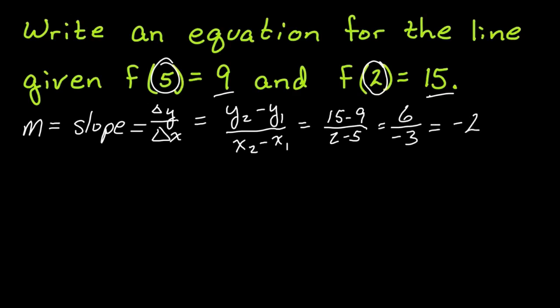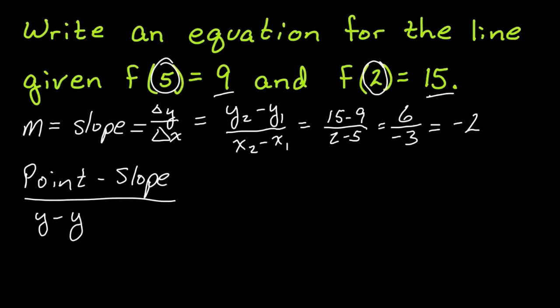Now, the equation of a line that we're going to be using is what is called the point-slope equation of a line, which is y minus y1 equals m times x minus x1. We actually have 2 points, and we just pick which one we want to use.